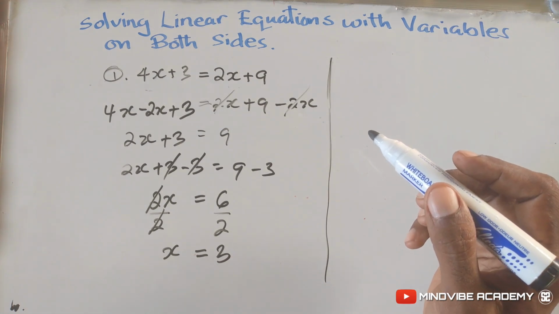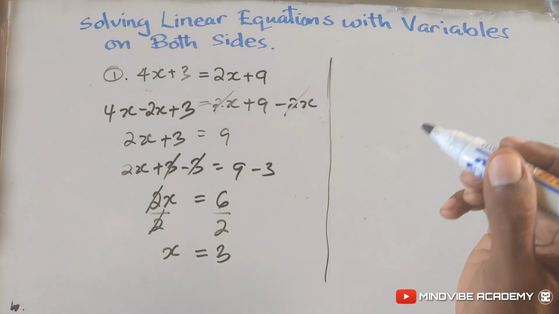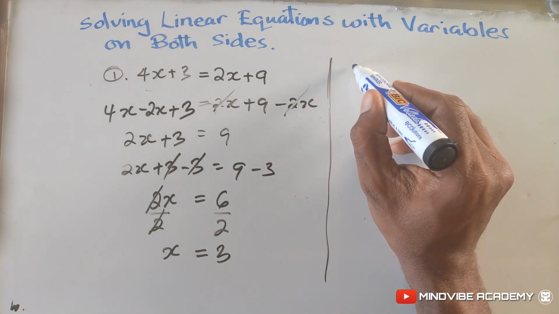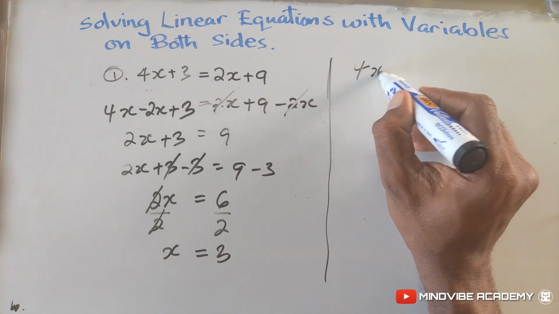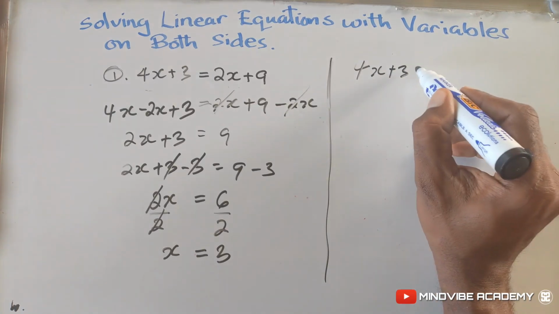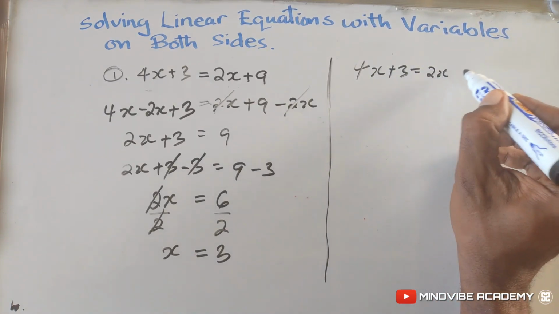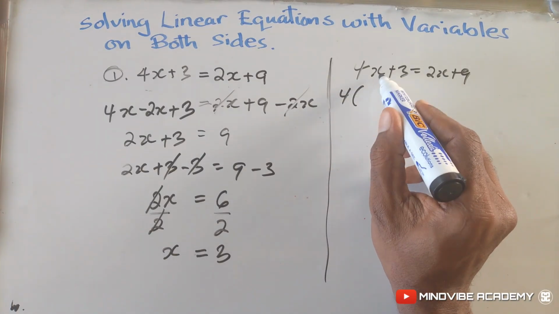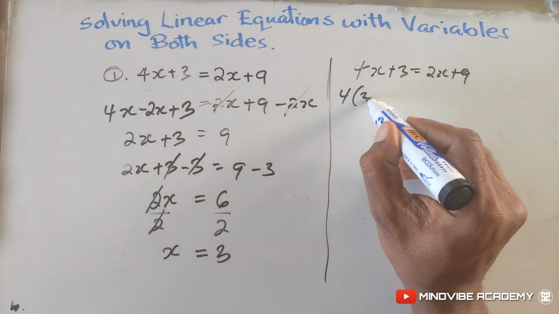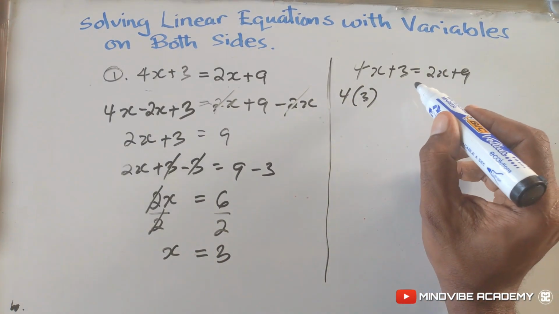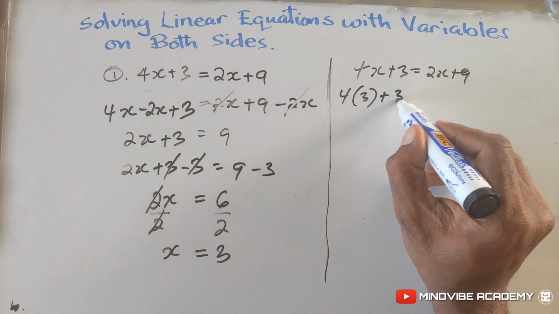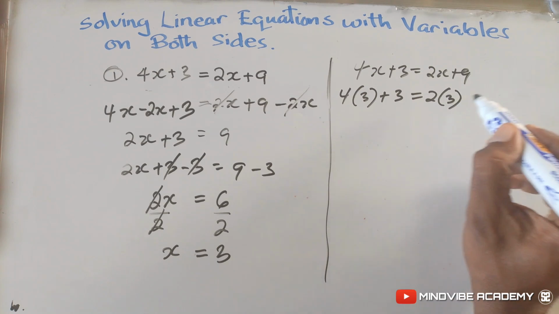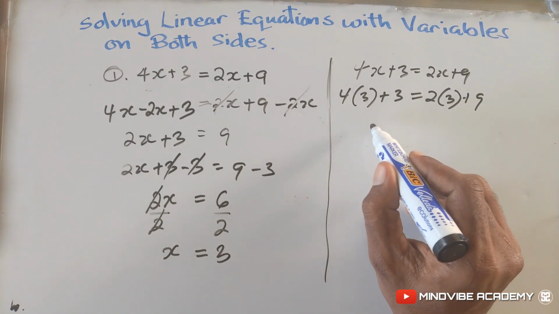So we have 4x plus 3 is equal to 2x plus 9. So here we have 4 and x now is 3, plus 3, we have 2 and 3 again, plus 9.